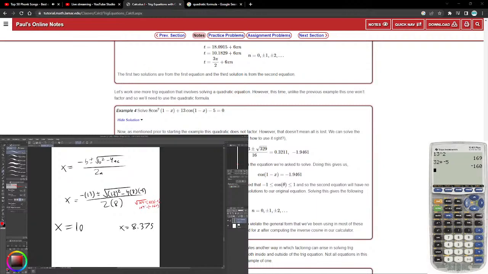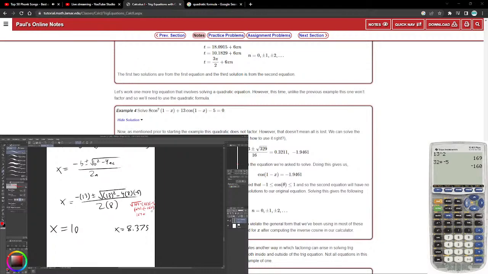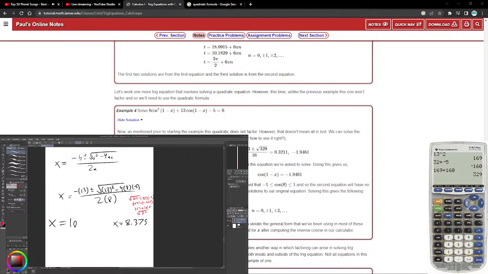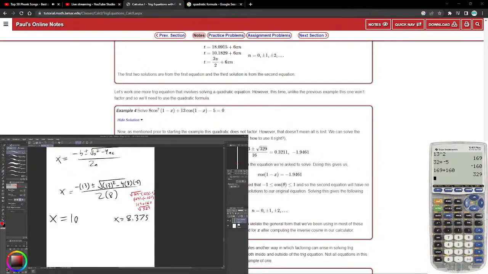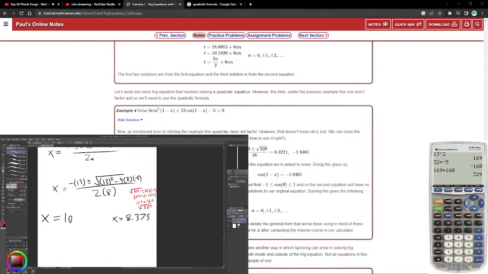Distribute the negative. 169 plus 160, 329? Yeah. And 16 at the bottom, yep. So I guess I typed it in wrong.